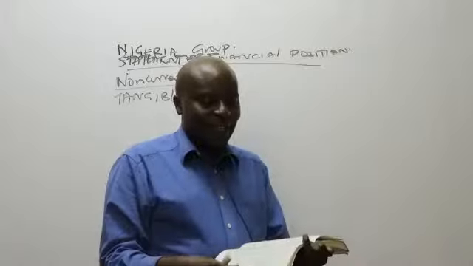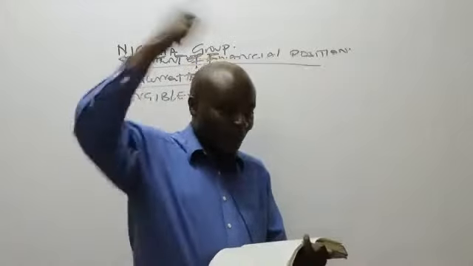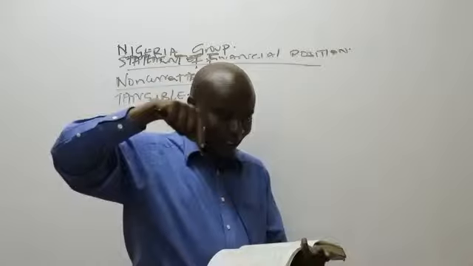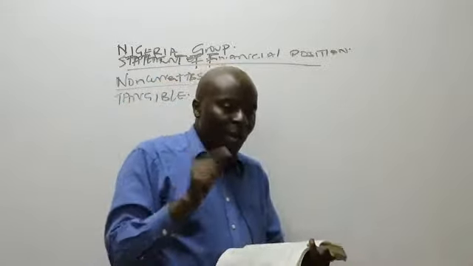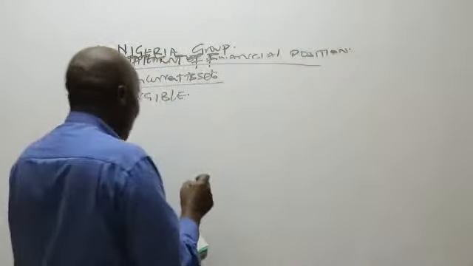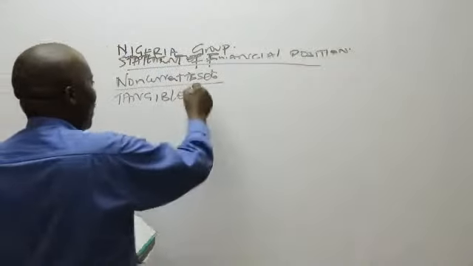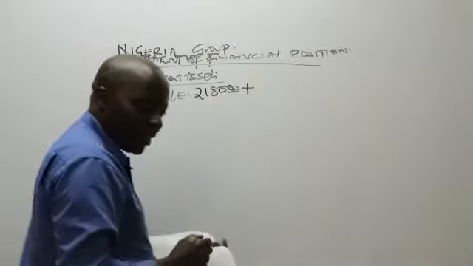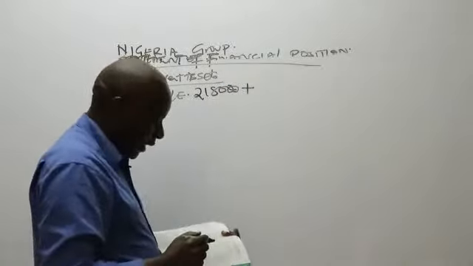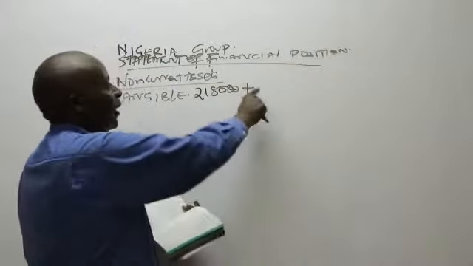I'm taking the one of the parent. Now remember, I've been able to translate the balance sheet of the subsidiary. So for the tangible, the figure of the parent is 218,000, plus the one of the subsidiary.